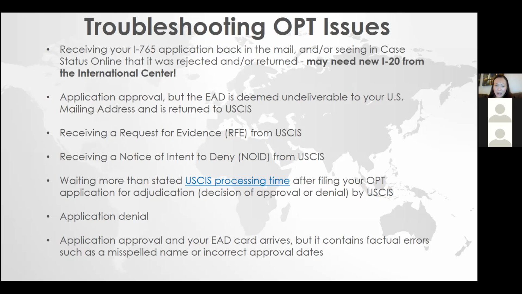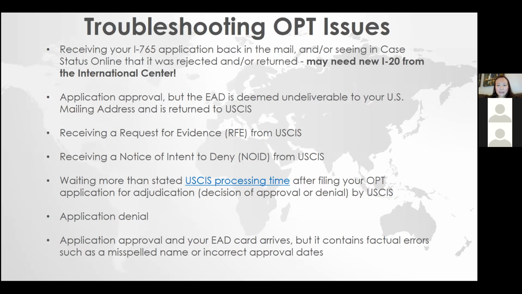If you receive an application denial, same thing, contact our office as soon as possible. In the event of a notice of intent to deny or denial, we won't be able to provide any advice until you receive that denial notice in the mail or whatever letter from the government. So just make sure you're checking that mail frequently.